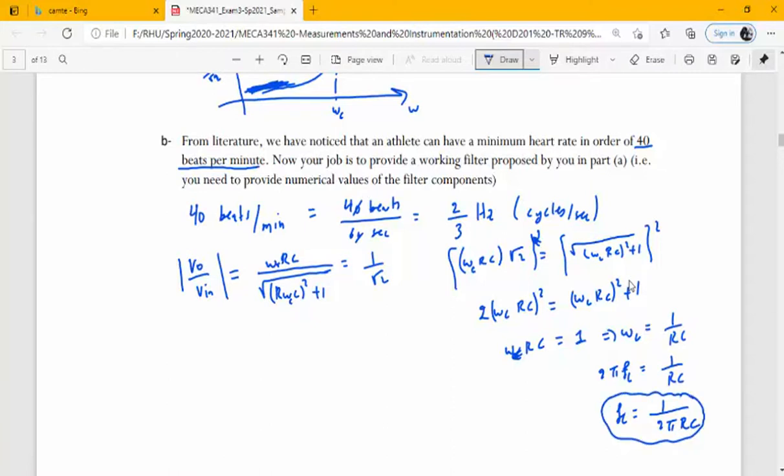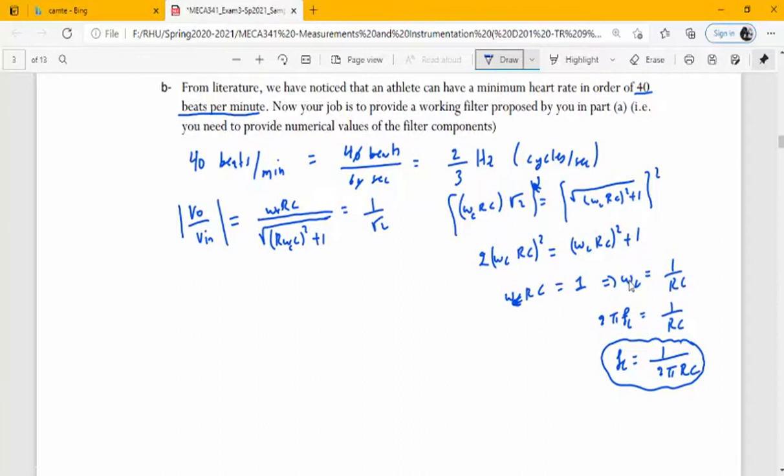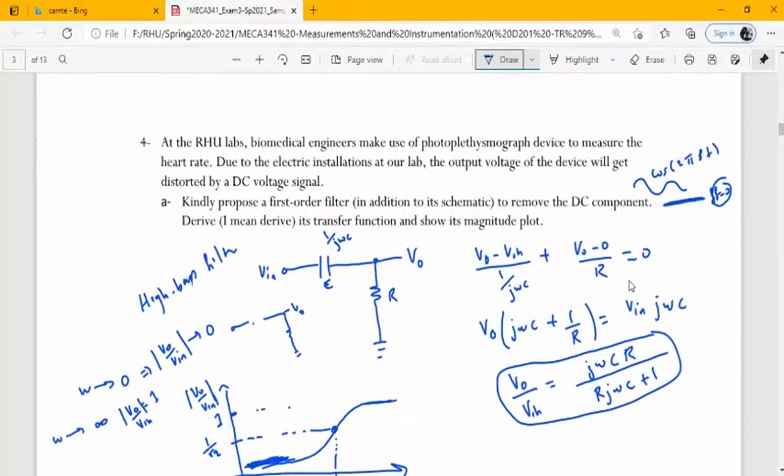The cutoff frequency of the high pass filter must be less than 2/3 hertz. Because the DC component tends to 0, we may choose the cutoff frequency on the order of 0.6. We may choose, for instance, 0.1, 0.2, 0.3, because there is no other restriction other than removing the DC component.